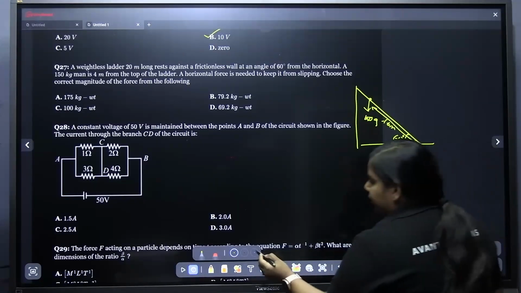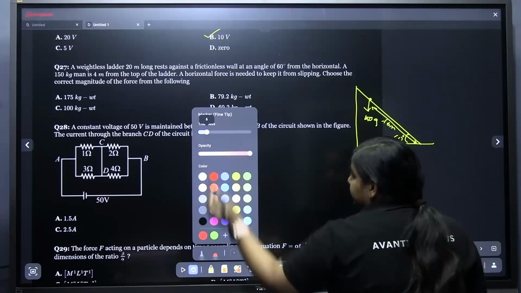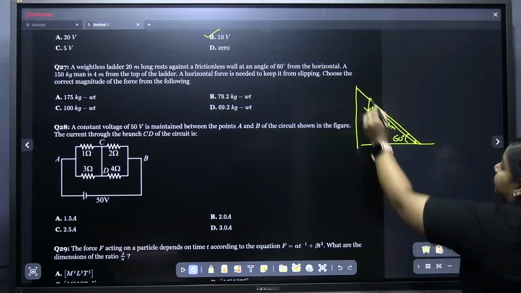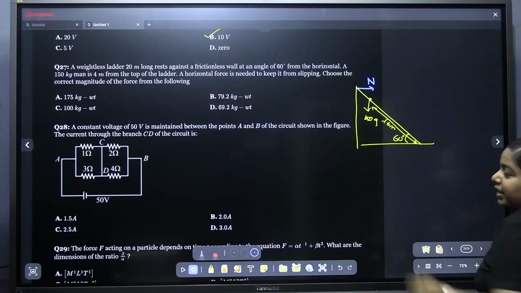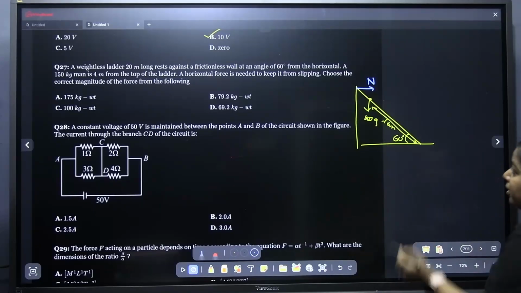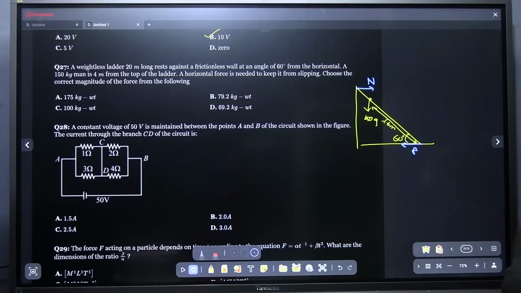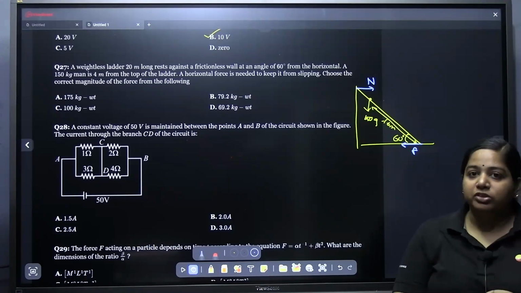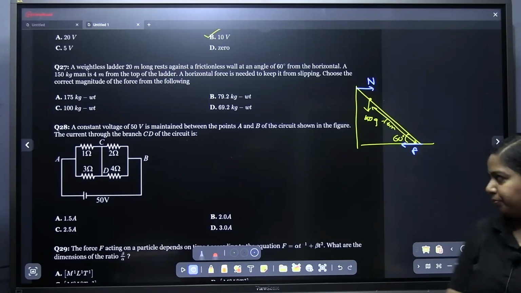Okay, if we are using that, we have to see that on the wall the normal force will act in this direction, right? That normal force will be equal to the frictional force acting horizontally, because all horizontal and vertical forces should be equal to each other.